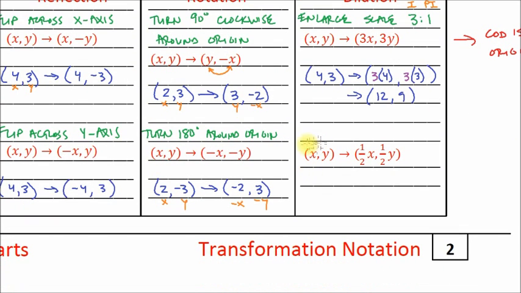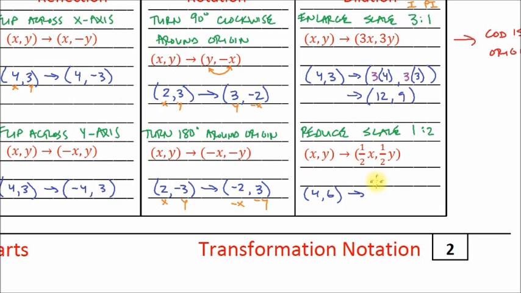What does a reduction look like? Instead of enlarging, we are going to reduce the pre-image and make it smaller. So let's do a scale factor of 1 to 2. 1 to 2 is a reduction. And here's the example of that. If our scale factor is 1 to 2, we write that as 1/2. That means for a point on the coordinate grid, both of the values of x and y are going to be cut in half. Let's say we pick a point. Our original point was (4, 6).